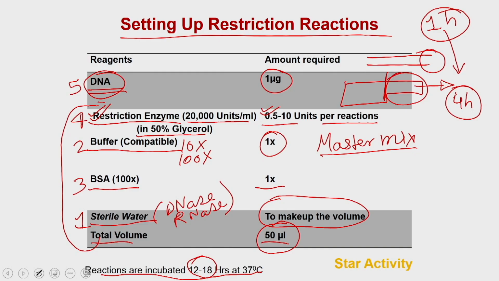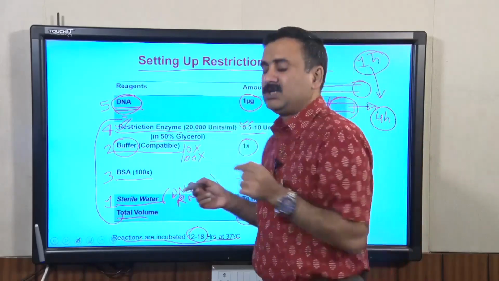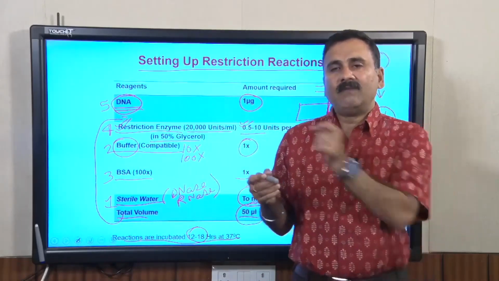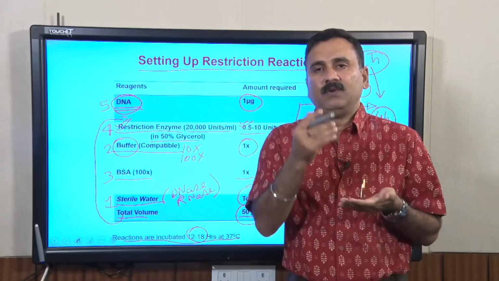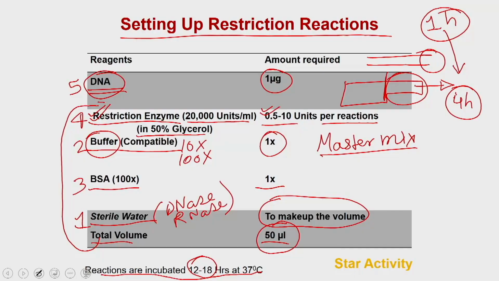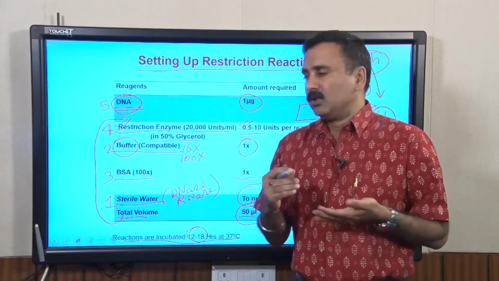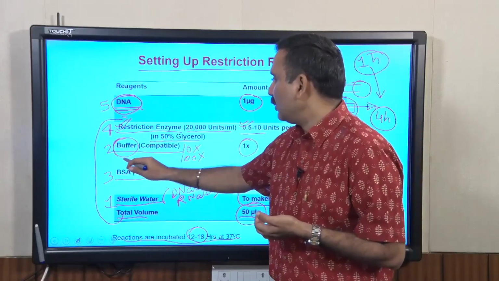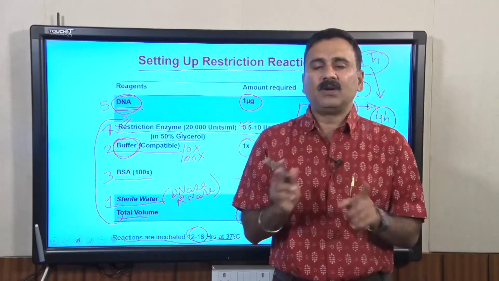In those cases, for the buffer you are going to use, most companies provide a table saying that if you are using the combination number 1 and 2, you have to use buffer number 1, or if you use the combination number 1 and 4, you have to use buffer number 2, something like that. So, the companies also provide a table of which buffer to use for a certain combination of restriction enzymes.